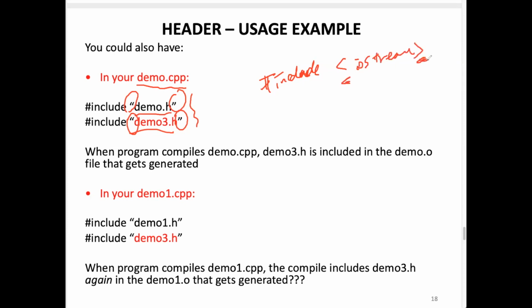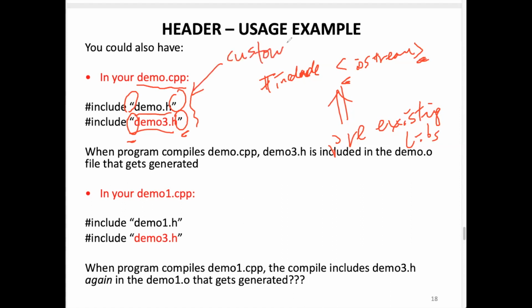So these angle brackets and this pair of double quotes, they are two different things. One is for pre-existing libraries, basically anything that is built in. This is the custom one, or user-defined libraries. So if these are user-defined libraries, then your project files, typically that's where your project setting is, specify where your local directory is, where your local CPP and local .h files are located.